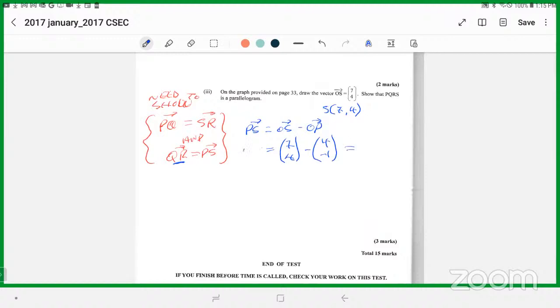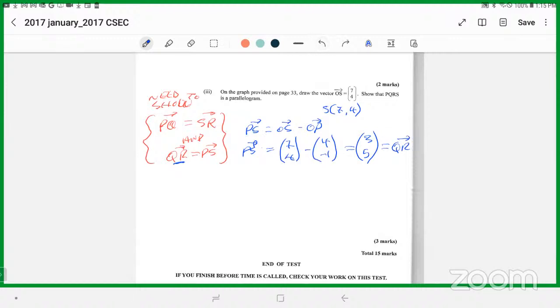Work this out for our PS. We must get it equal to the QR now. So 7 minus 4 is 3, and 4 minus a negative 1 is 4 plus 1, which is 5. See? So this is equal to the QR, because (3, 5) was also equal to the QR. So we have now shown that PS equals QR.